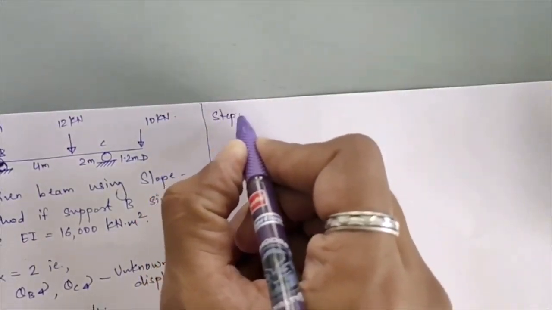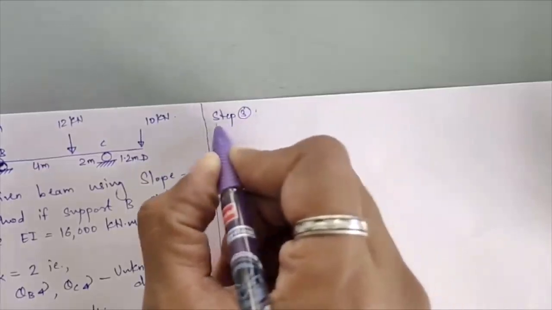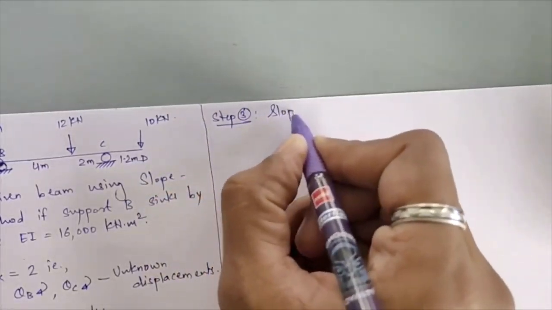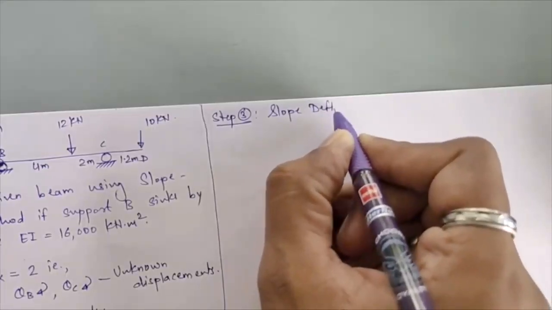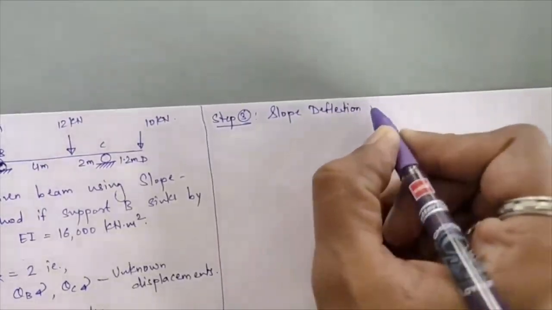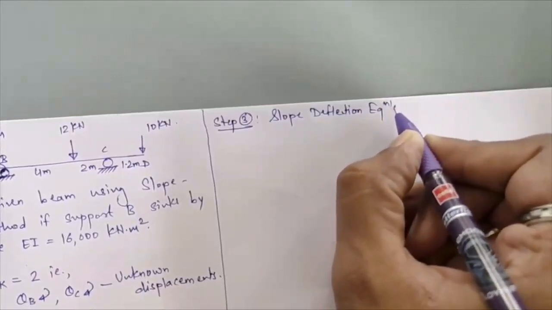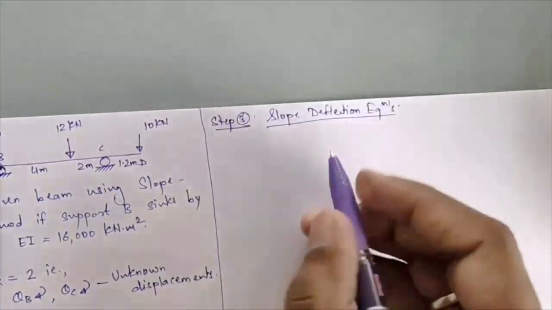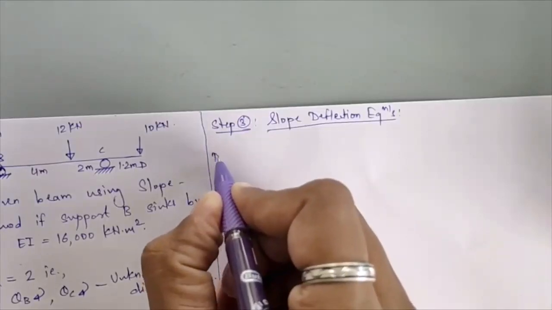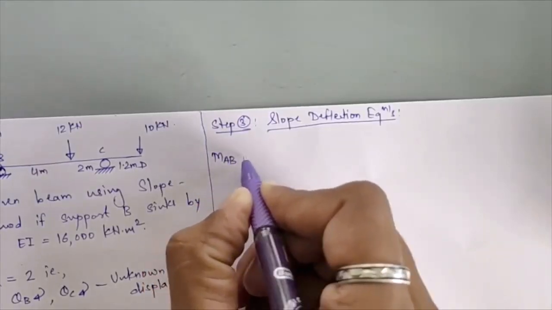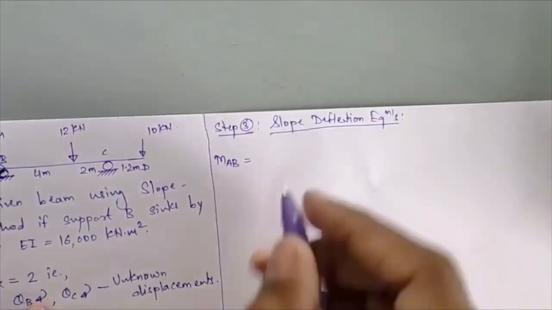Next, we'll move to our step number 3, that is slope deflection equations. So for the first member we'll consider here, that is member AB. So the basic equation for MAB is what?